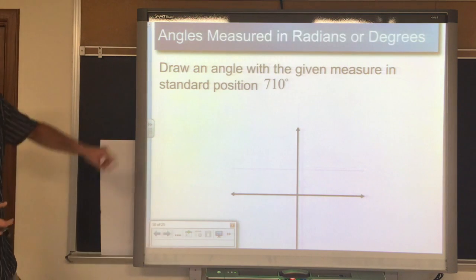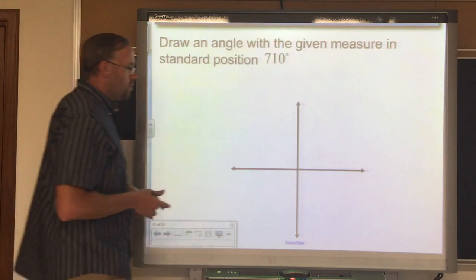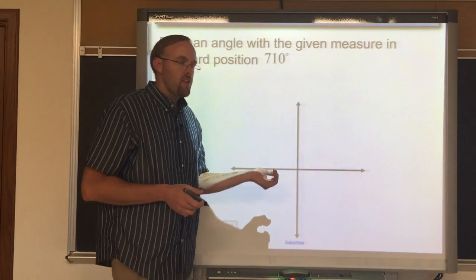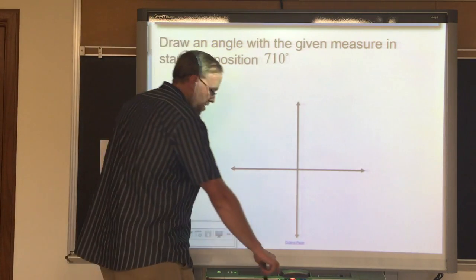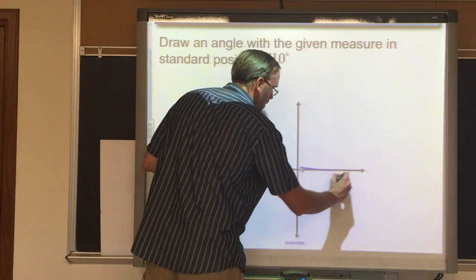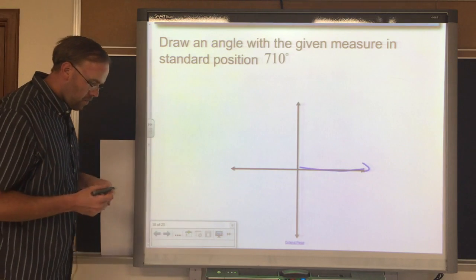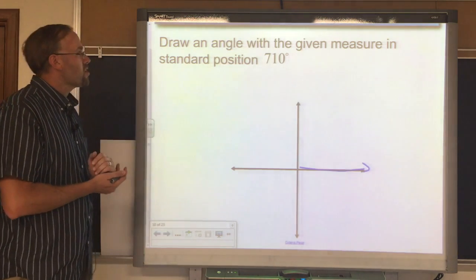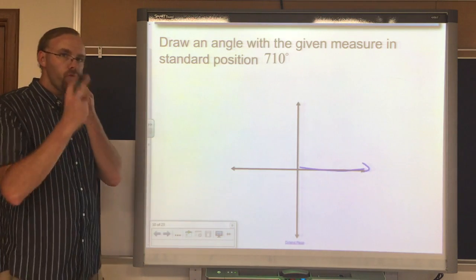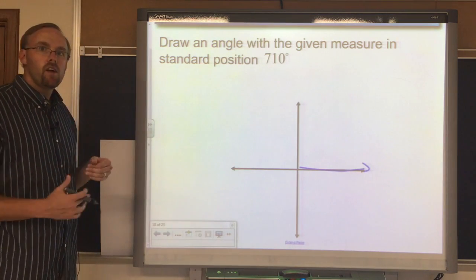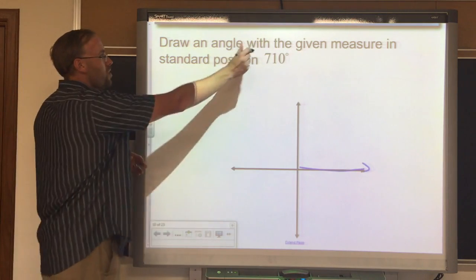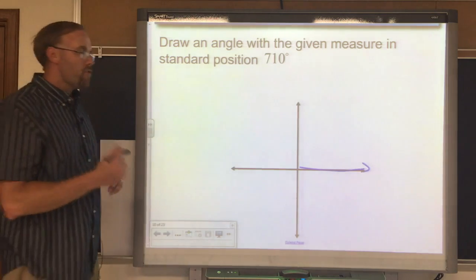The next one, 710. Well, a full circle is 360, so this is going way past 360. So what's going on here? Well, one rotation is 360 degrees. What would be two rotations? Well, just double it, and you would get 720. Well, this is almost that, but just short.